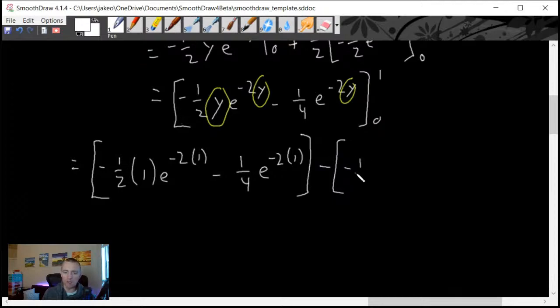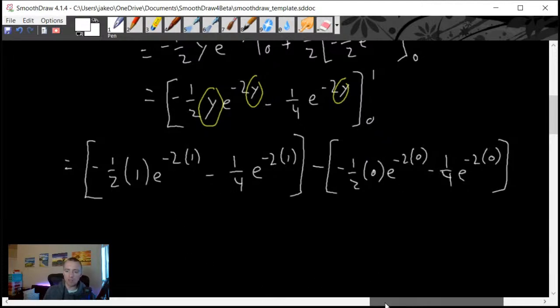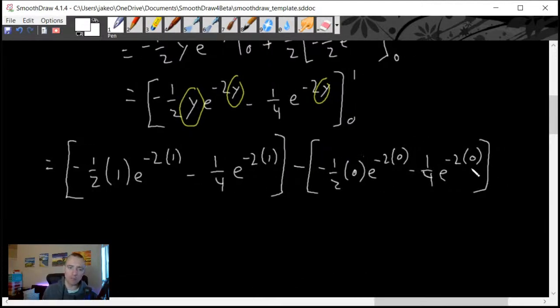So negative 1/2 times 0 times e to the negative 2 times 0 minus 1/4 e to the negative 2 times 0. And again, put parentheses around each half. Whatever you get from plugging in your upper bound needs to be all in parentheses together. Whatever you get from plugging in your lower bound needs to be all in parentheses together. And then you subtract the two different halves.